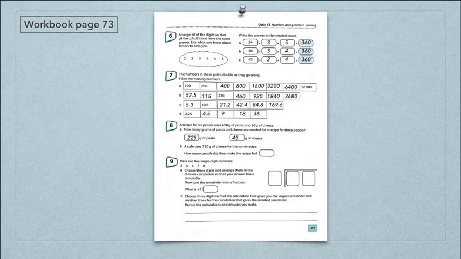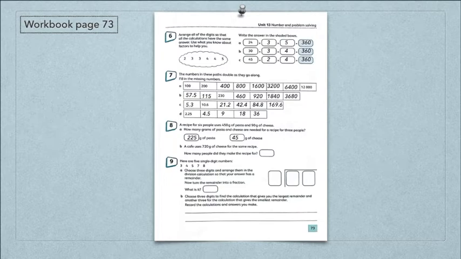Okay, basically, in order to find the number of people, we need to know how many grams of cheese we use for one person. 45 grams of cheese is used for 3 people. So obviously for one person, we need to divide it by 3. So 45 divided by 3 will leave us 15.